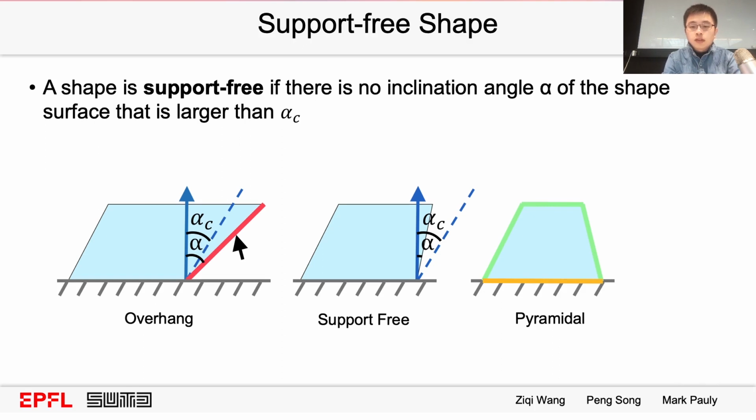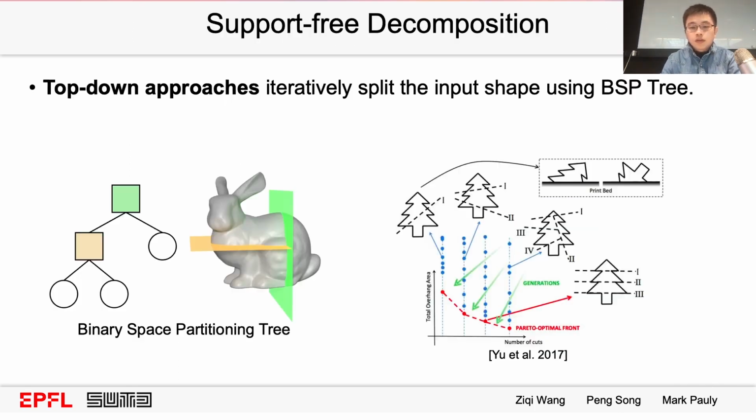In extreme, when the inclination angle is 0 or below, we call the shape pyramidal, which is spot-free for any 3D printer. Therefore, our goal is to decompose the input shape into spot-free parts to save spot material.